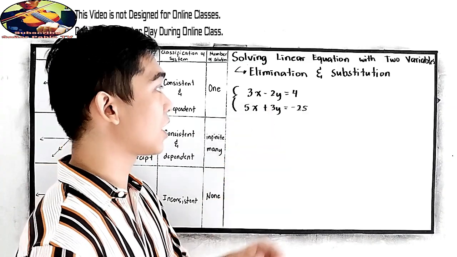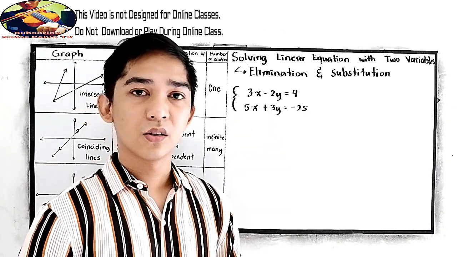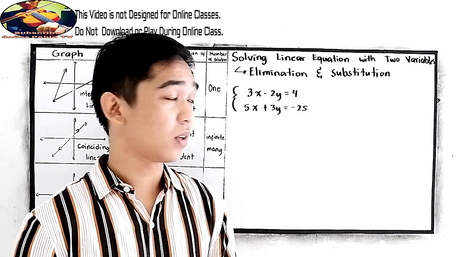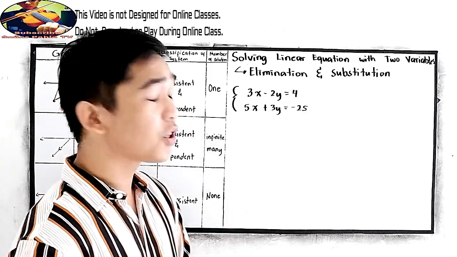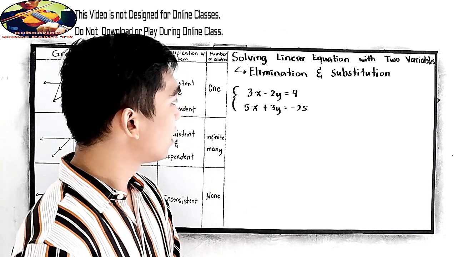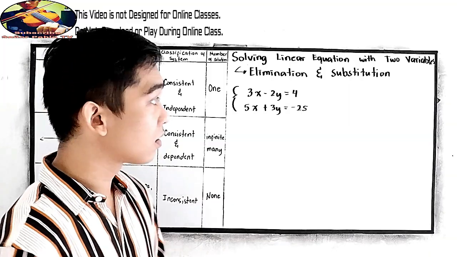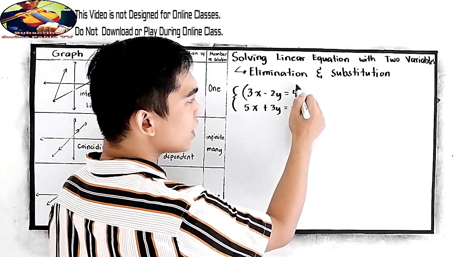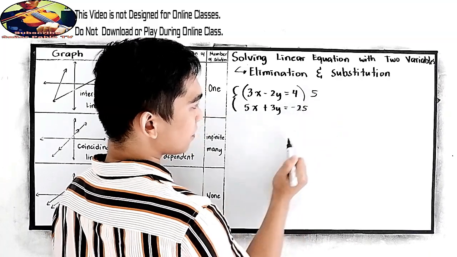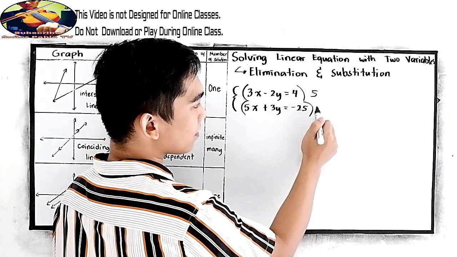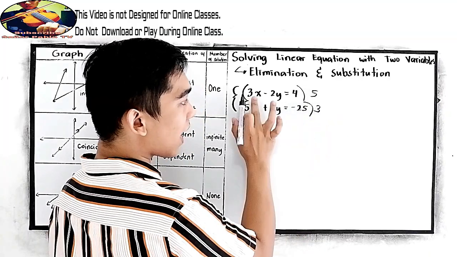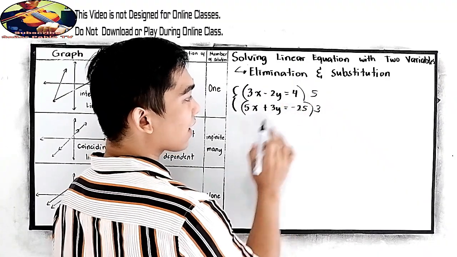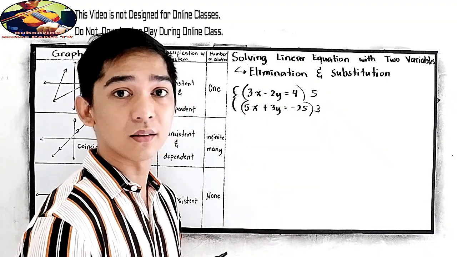For our y, the same. So if we're going to use the elimination method and want to cancel x, we need to multiply this by 5, and this by 3, so that the coefficient for x will be 15.